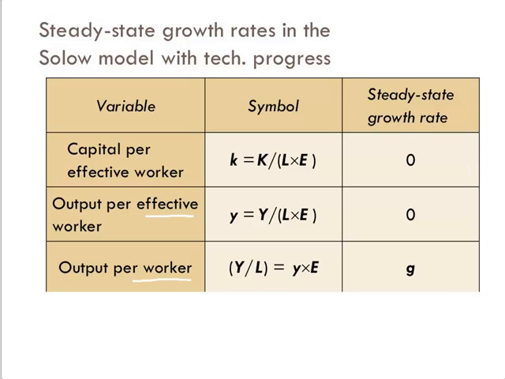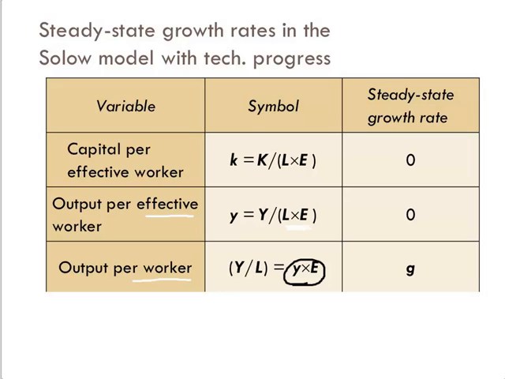It's output divided by labor force times the effectiveness factor, right? This productivity of labor factor. So if we want to get output per worker, what do we have to do? We've got to multiply little y times E. Now, what is the growth rate of that?